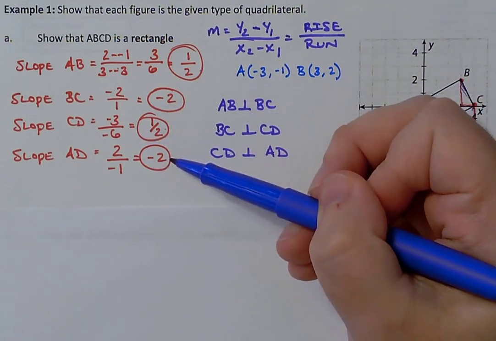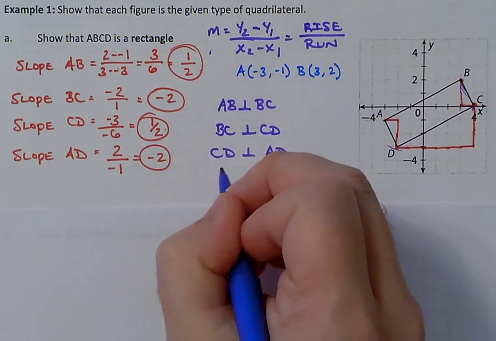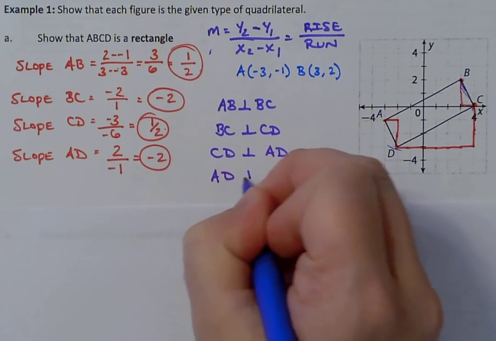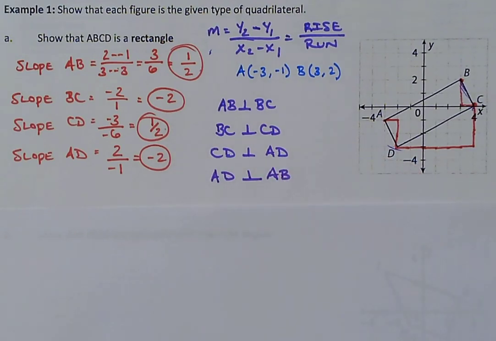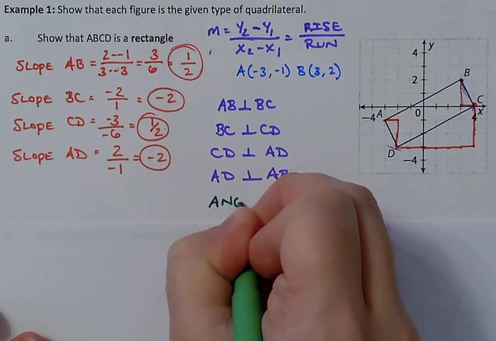So AD is -2, AB is 1/2, and these are also opposite reciprocals, so AD is perpendicular to AB. So I know that all 4 sets of sides are perpendicular, which results in all of the angles being 90 degrees. So I do know that this is a rectangle because the angles are all 90 degrees.